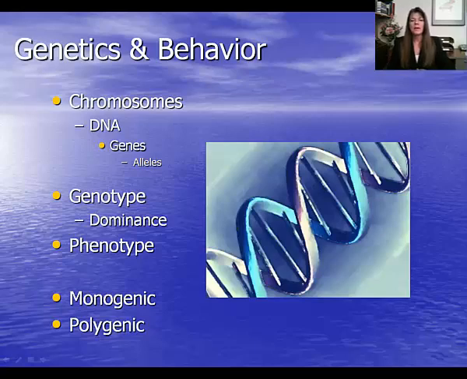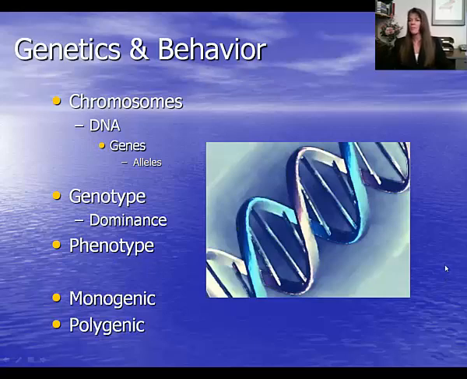But blue is symbolized in your genotype. If you have an allele for blue eyes, it's a lowercase b. If you have an allele for brown eyes, it is an uppercase B because brown is dominant. So your genotype is symbols for the actual genes, the actual alleles. And then the phenotype is how they're expressed.